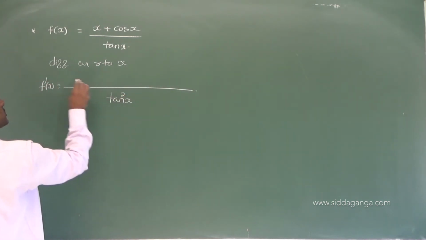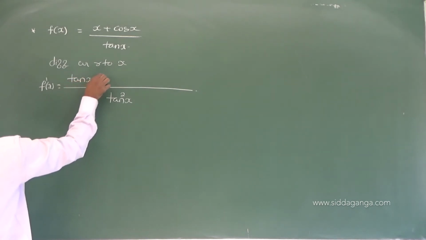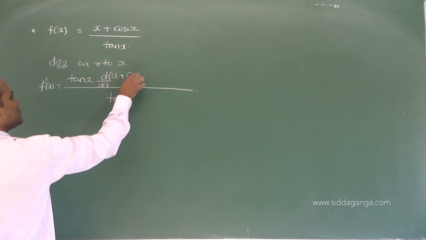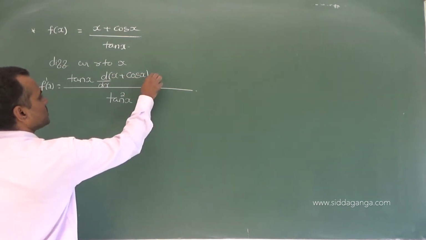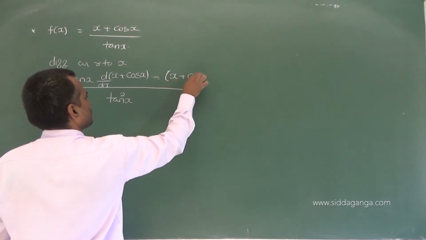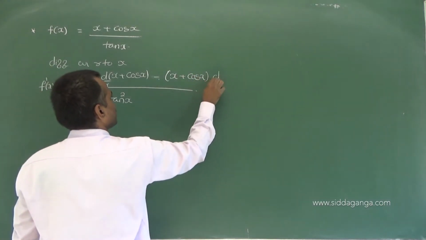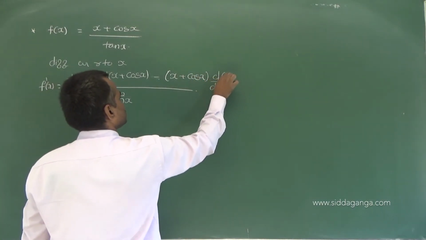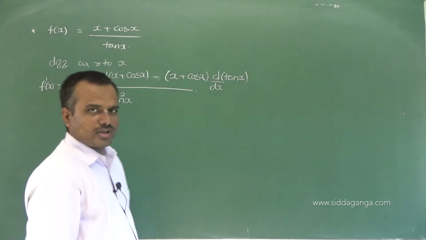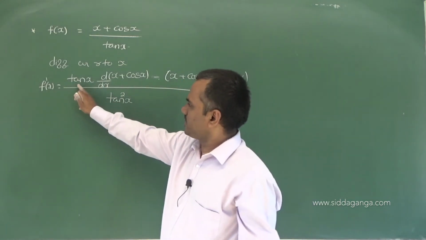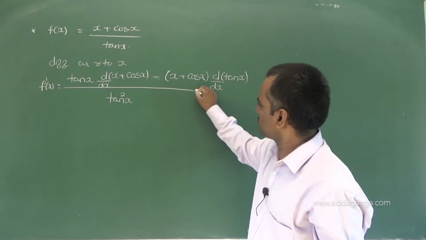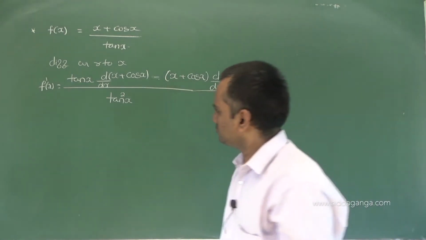Tan square x, tan x into d by dx of x plus cos x, minus x plus cos x into d by dx of tan x. Correct? Denominator square, denominator into derivative of numerator minus numerator into derivative of denominator. The next step.